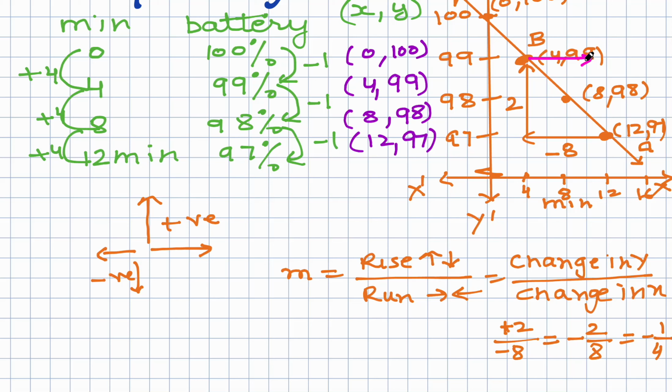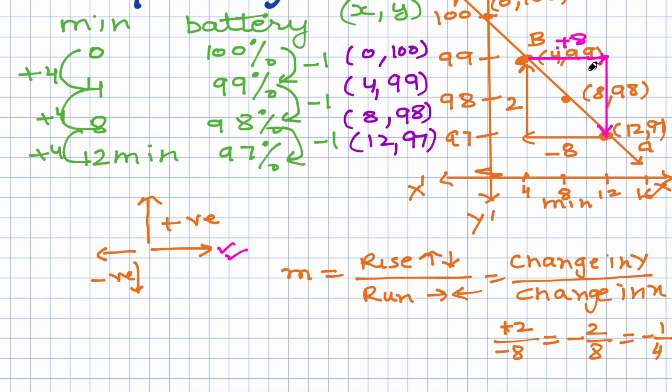So this is the horizontal line. The path is still here, and then I am coming down to this particular point. Because I am moving towards the right, and right is positive, this time I have moved from 4 to 12, which is positive 8.